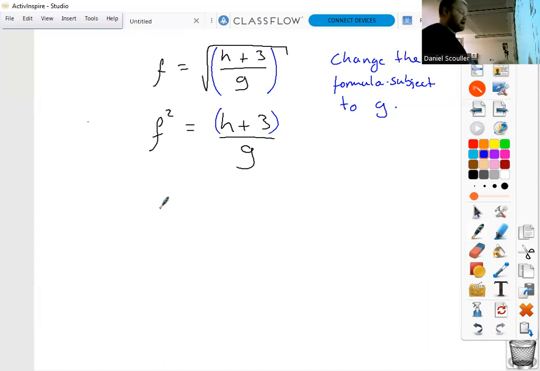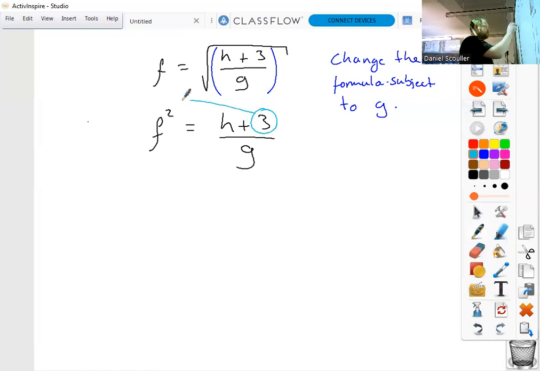We can't move it individually when g is there. So we can't move just that 3 across at this stage and leave an h on the right hand side. We need to somehow allow that h plus 3 to be its own two parts.